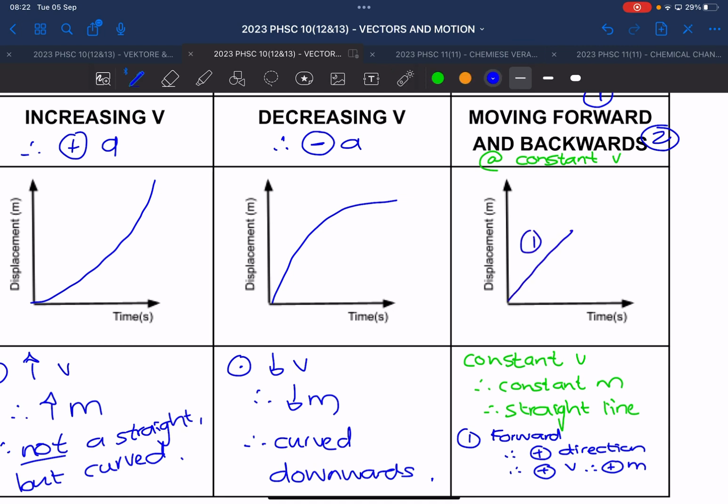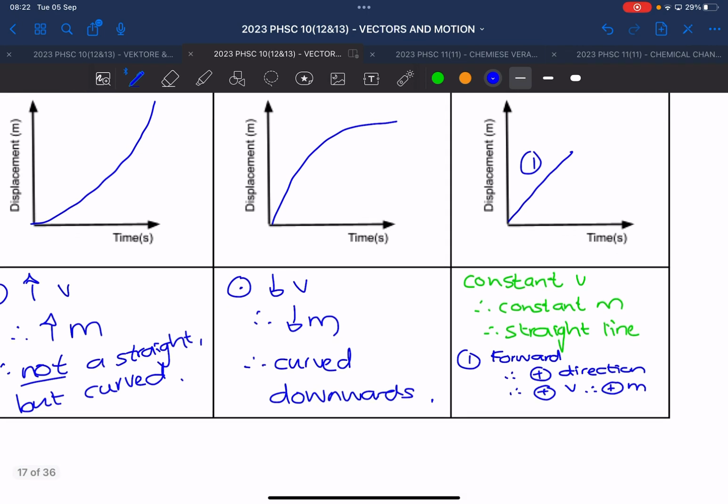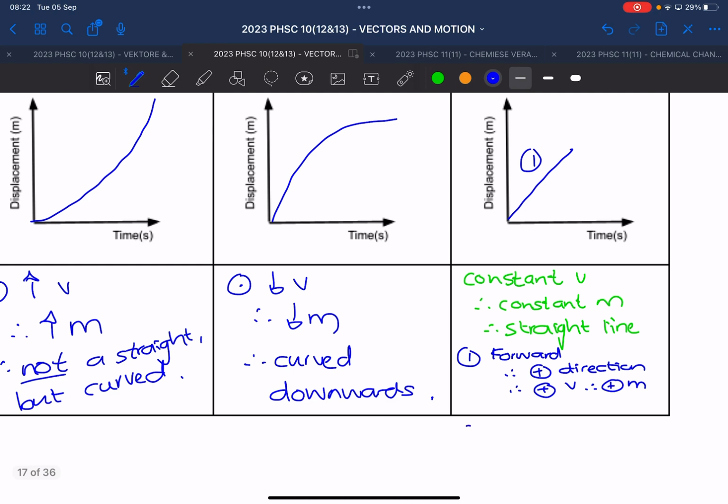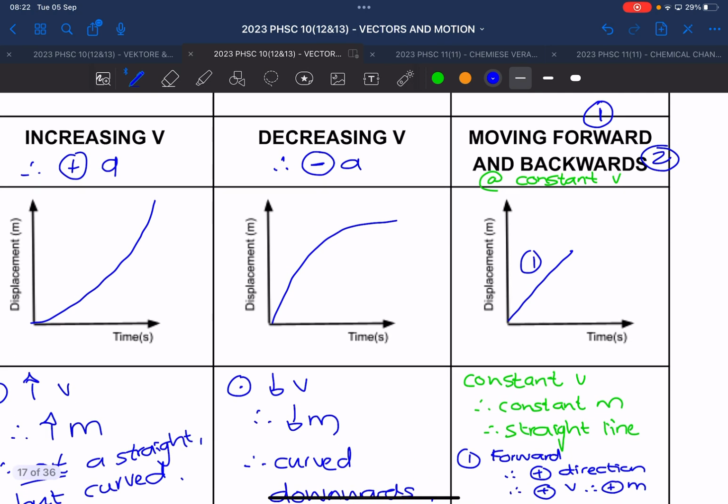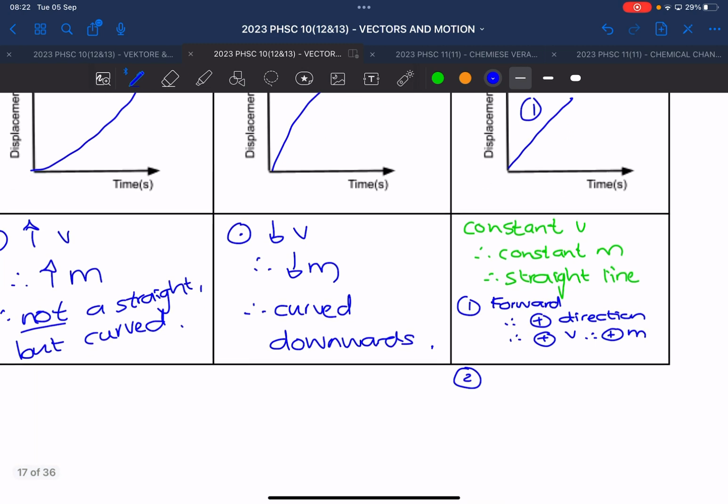So that's number one. Whereas number two, we still have constant velocity, but now backwards. Backwards means in the negative direction.